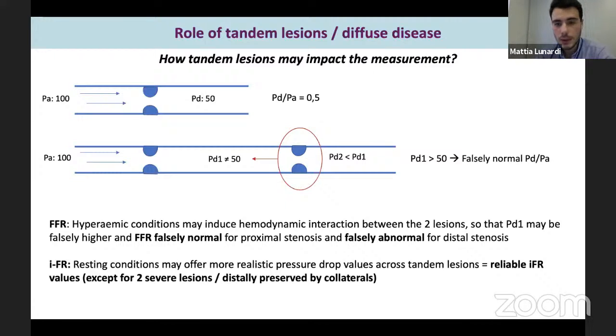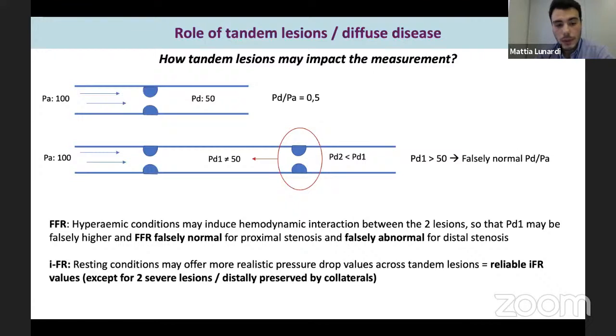for both the proximal and the distal stenosis, because in this case, if the new Pd is higher than 50, we can expect a falsely normal FFR for the proximal lesion, I mean a higher FFR because of the higher Pd, and a falsely abnormal FFR for the distal lesion because the Pd is higher than expected.